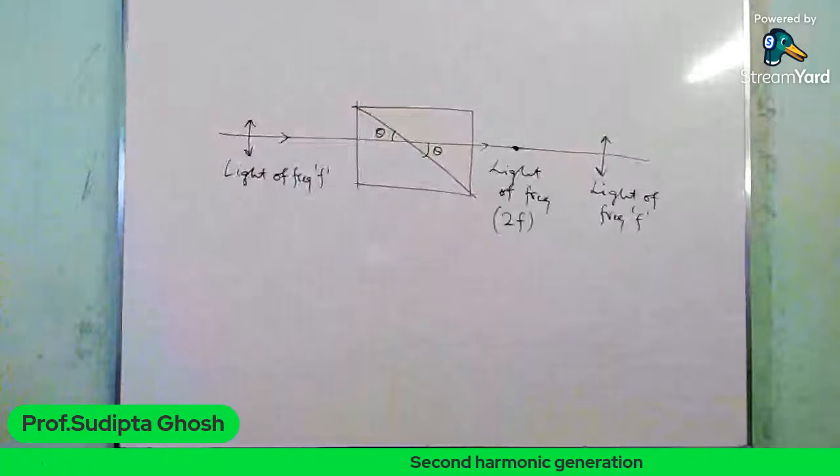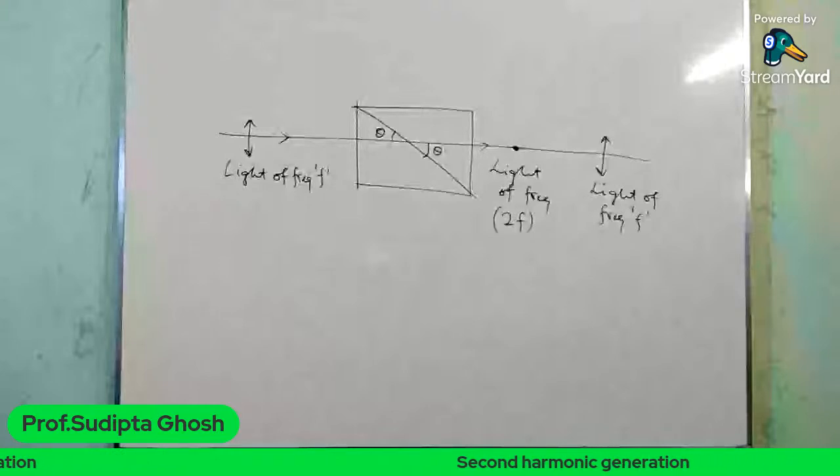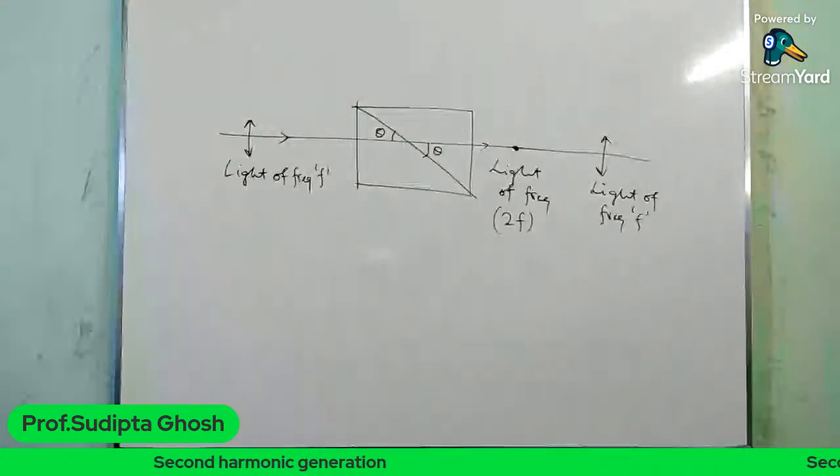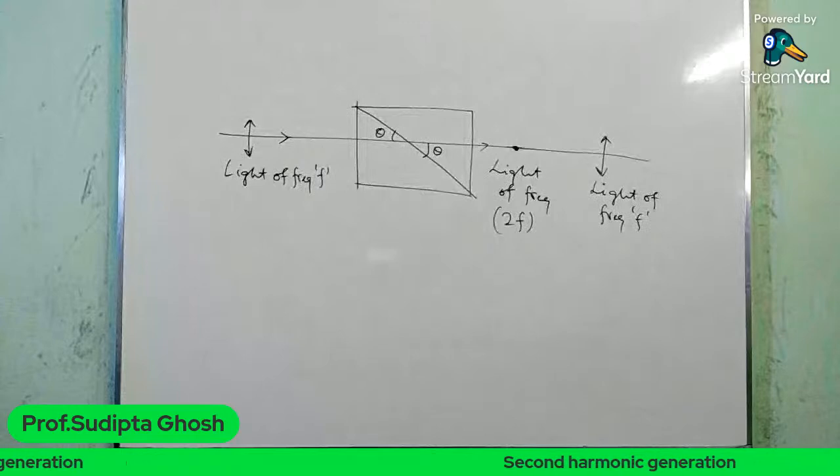Here in this figure I show a schematic diagram of the whole process, which is known as second harmonic generation. The planes of polarization of the ordinary wave and the extraordinary wave are mutually perpendicular.